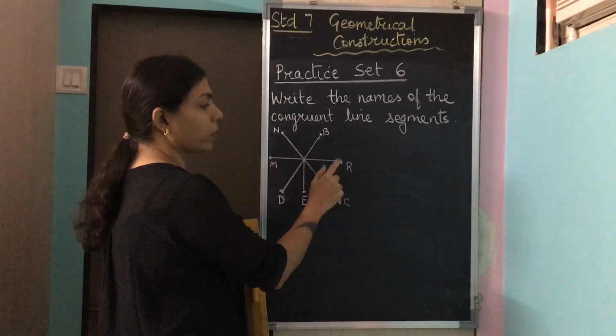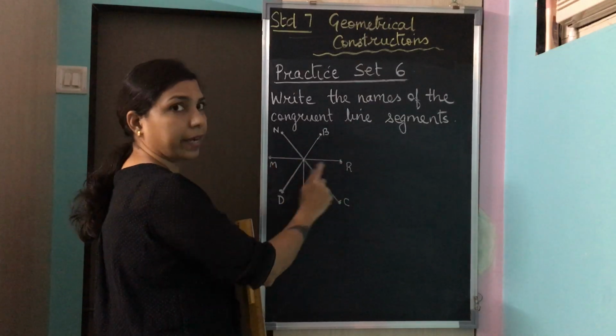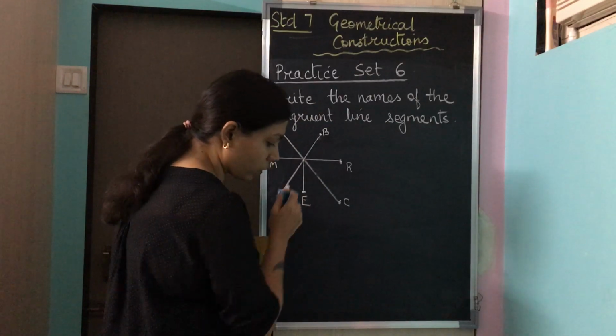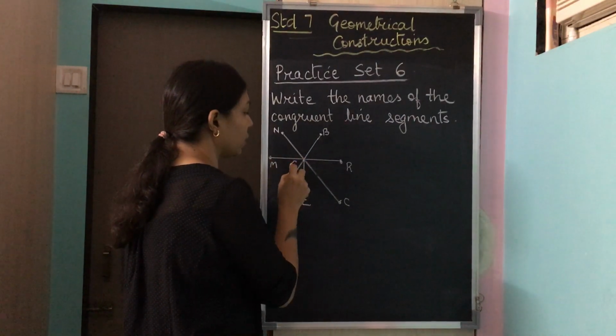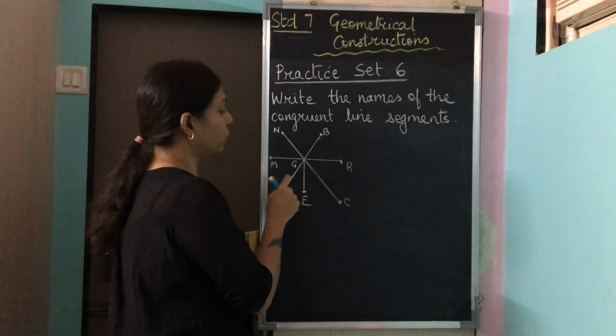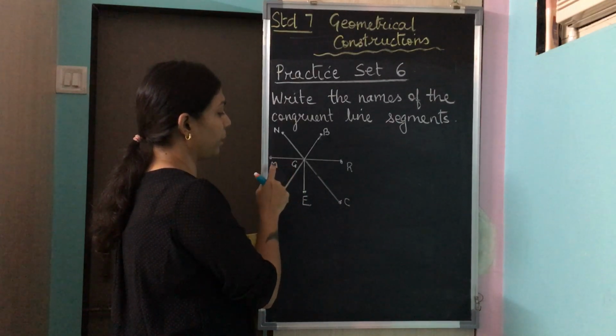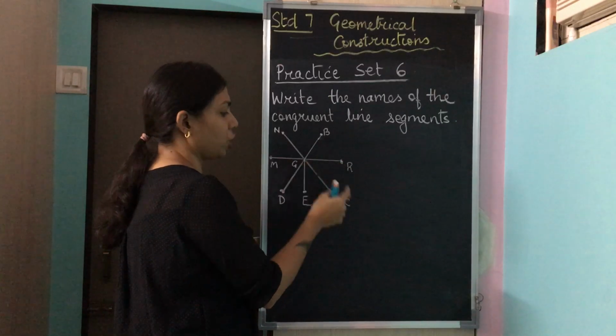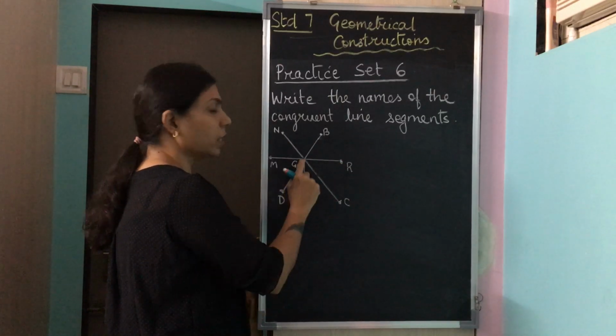Okay, we don't want the measurement of this entire line segment. We want the segment from the middle, which is over here, which is your point G. So it will be like segment MG, segment NG, BG, RG, CG, EG, and DG.